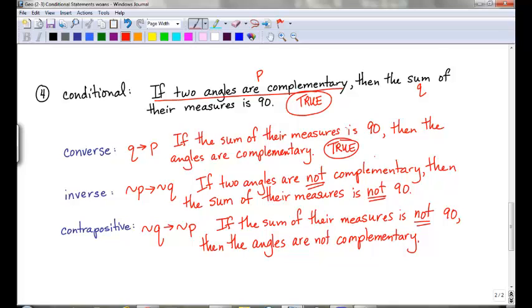On the inverse, if two angles are not complementary, then the sum of their measures is not 90. That's true. On the contrapositive, if the sum of their measures is not 90, then the angles are not complementary.